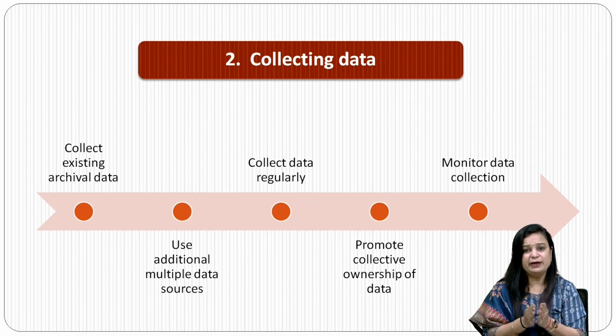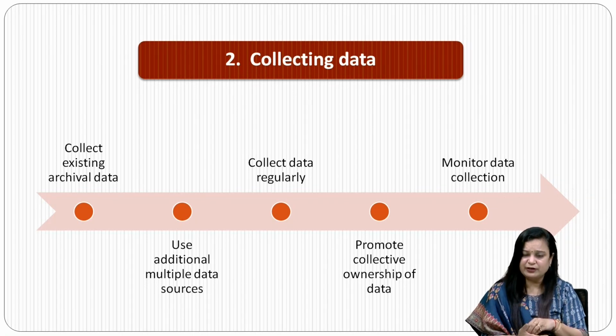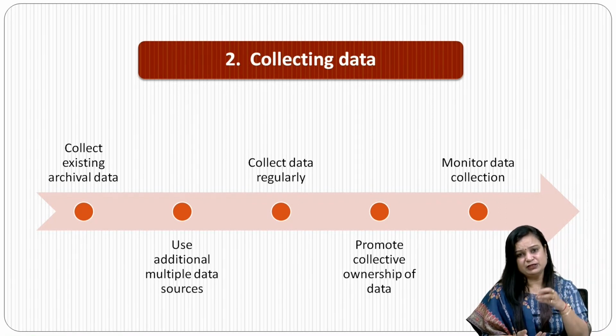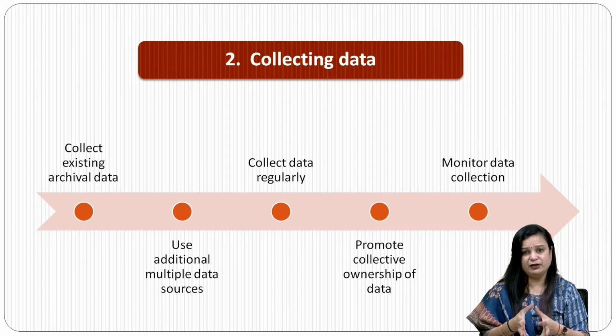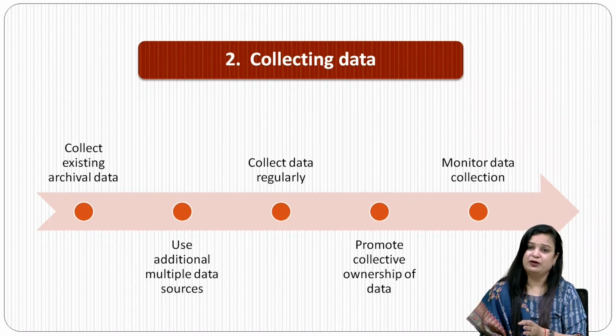So you need supplementary data for circumstantial analysis of a particular situation in a very specific area, a very specific place. Then regularity is very much important while collecting data.